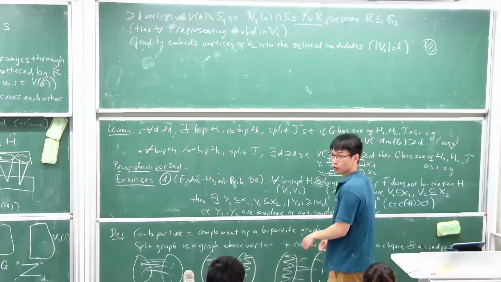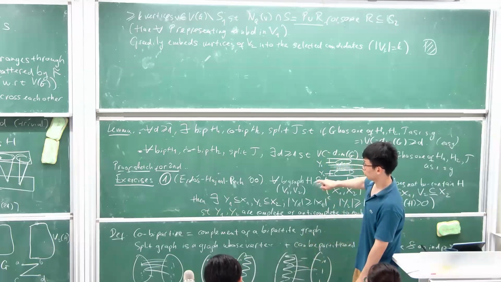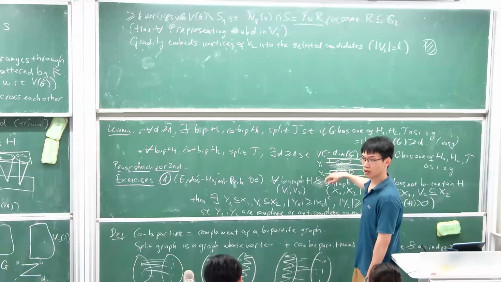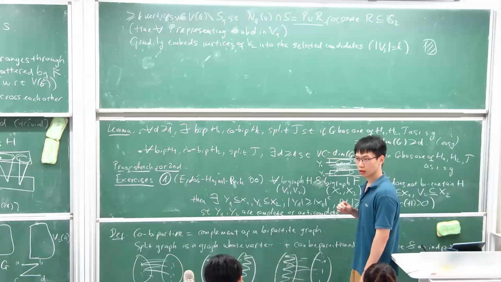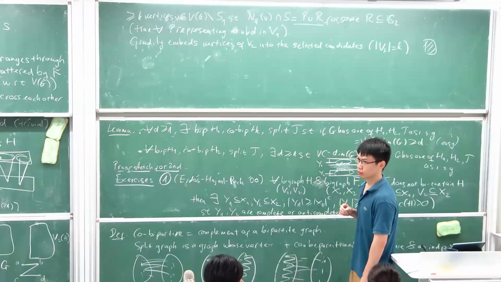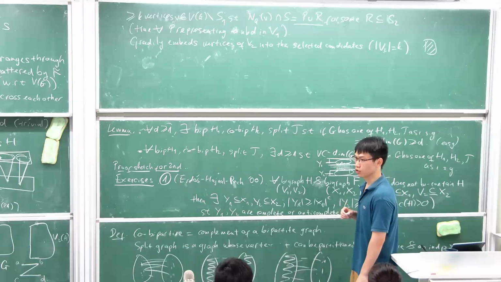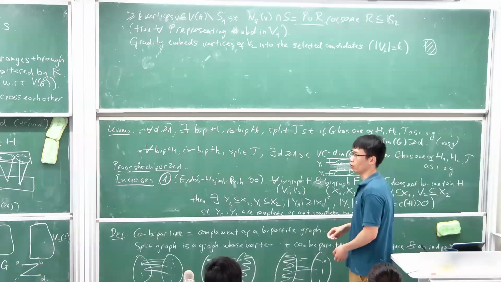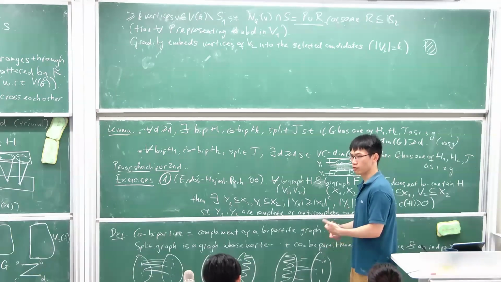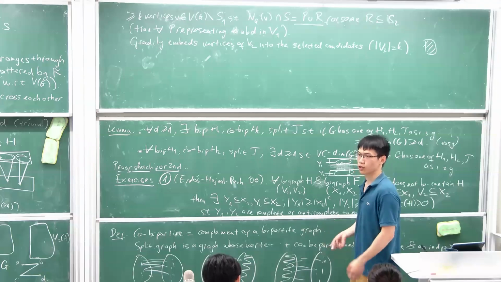I have a question for this lemma, for this split thing. The second bullet point, is the whole purpose just that, compared to the previous one, we want to gain more control of what's happening on top and bottom? Exactly. We want to reduce the number of possible forbidden induced subgraphs.